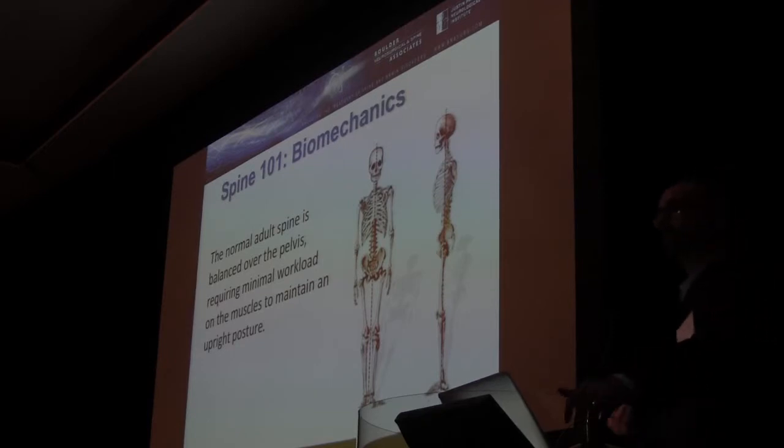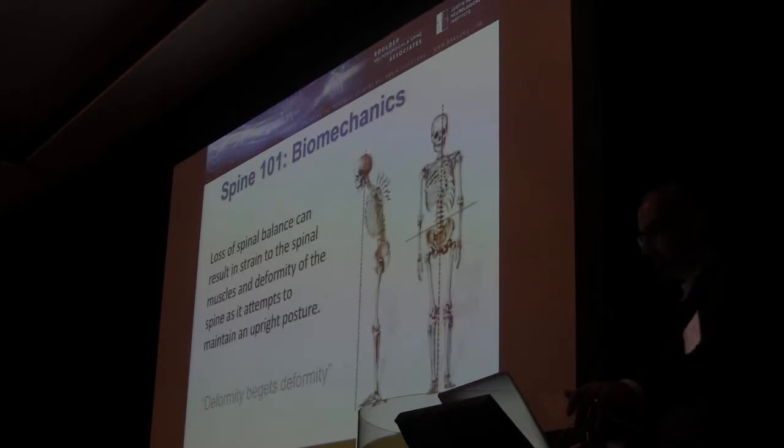We talk about a plumb line, and typically what that is, if you were to drop an actual line from the patient, looking at them from the side, and you drop a plumb line from the cervical spine, it should fall naturally just in front of the pelvis, or on the L5-S1 space. If you were to do it from them standing in the middle, and you drop it from their nose, it should fall within the sacrum. Okay, that's a normal curvature.